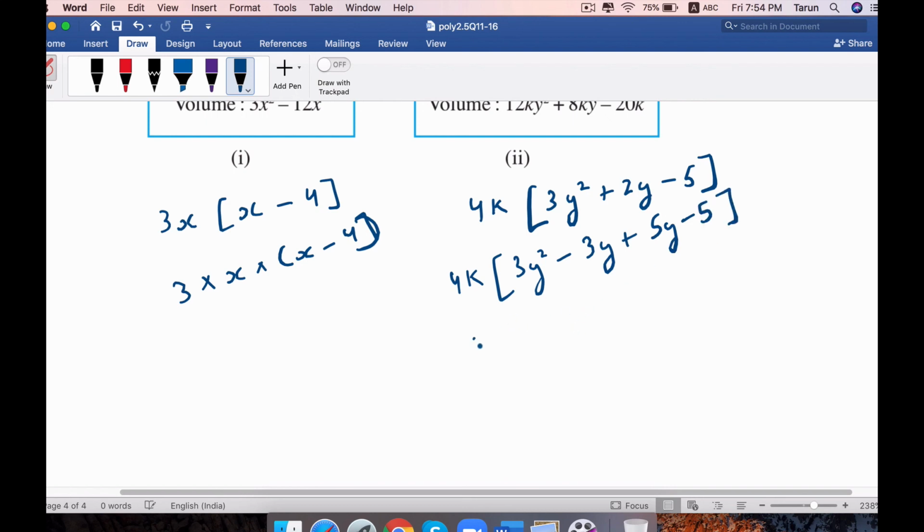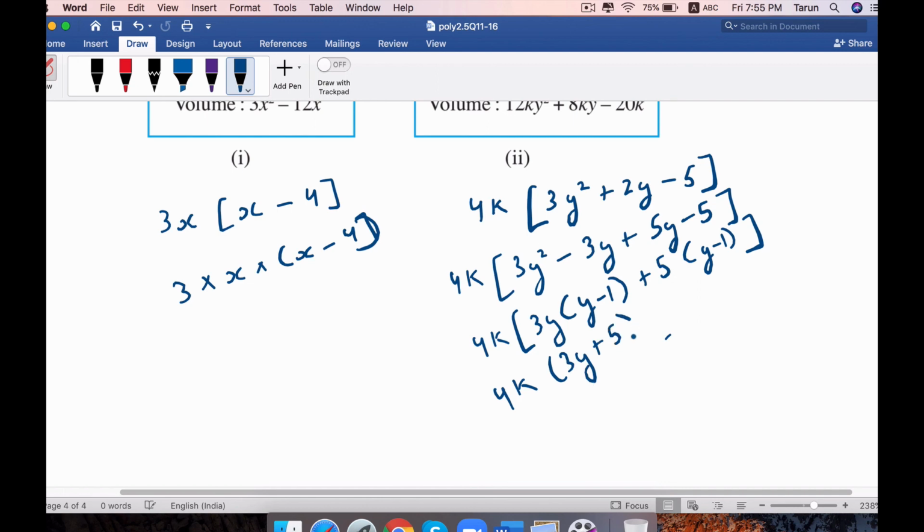So I get 4k bracket, 3y is common, so inside I'm left with y minus 1. Over here I can take 5 common, I'm left with y minus 1. So now I get 4k into 3y plus 5 into y minus 1. So I have my 3 factors: 4k, 3y plus 5 and y minus 1.